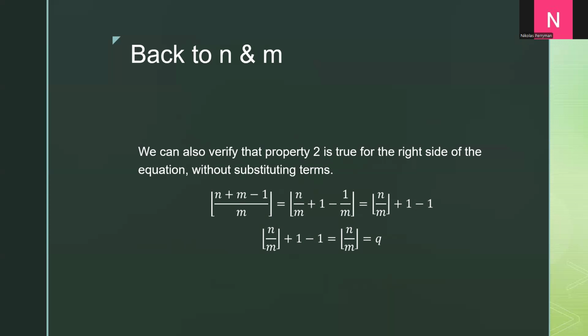So basically what we do is we separate the fraction in the floor function. So then we wind up with n over m plus 1 minus 1 over m. And when we apply the floor function to those individual parts, we'll get the floor of n over m plus 1 minus 1. And the plus 1 minus 1 obviously cancels out. So then we'll just have the floor of n over m, which is the definition of q.